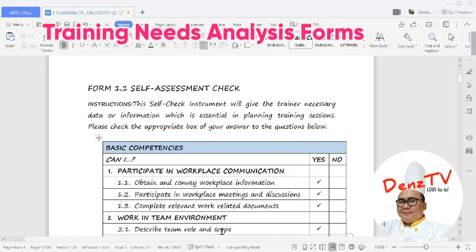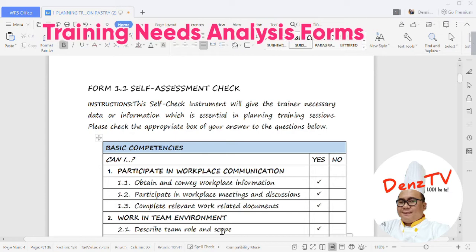In the previous topics, you learned that important data about your trainings are needed as inputs in planning your training sessions. One of them is the trainee's characteristics. That was the first video for the TM1 activity.